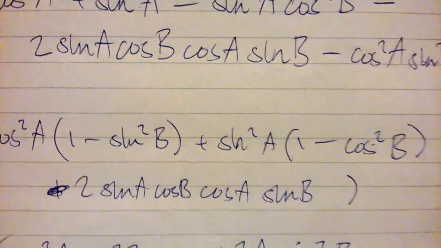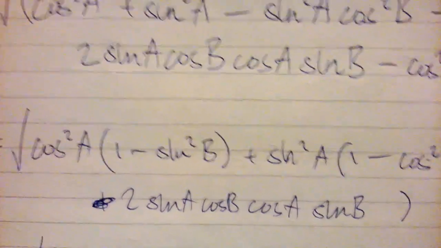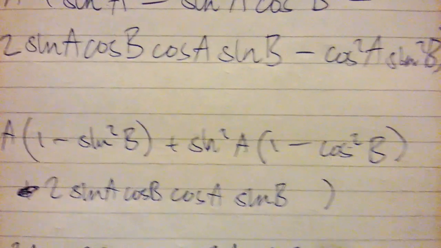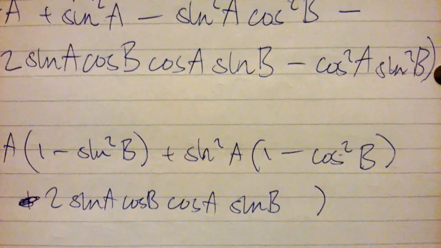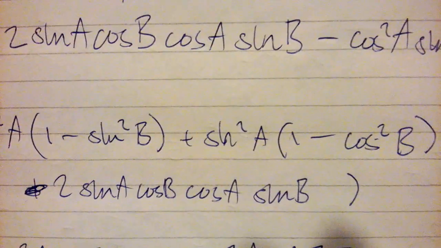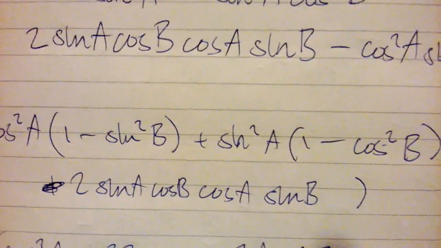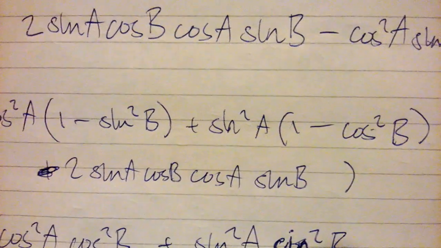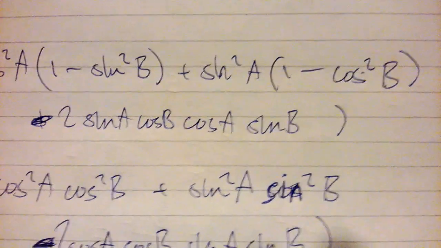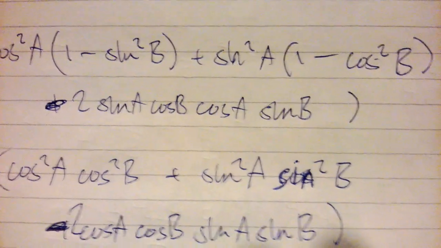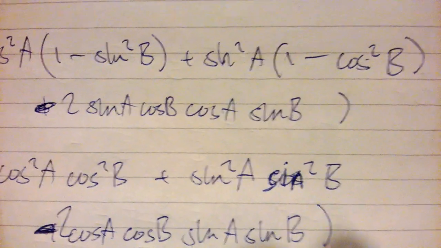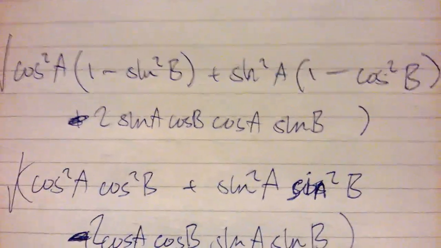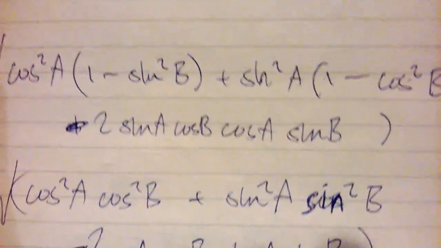So just backtracking, I'd grouped the sin squares together to make sin squared a times (1 minus cos squared b), and then of course that was minus twice the sin a cos b cos a sin b, as we've had before. And another way of writing 1 minus cos squared b is actually sin squared b, but I'd written cos squared. So I stopped the last video, and I've corrected it in pen to make it sin squared b.